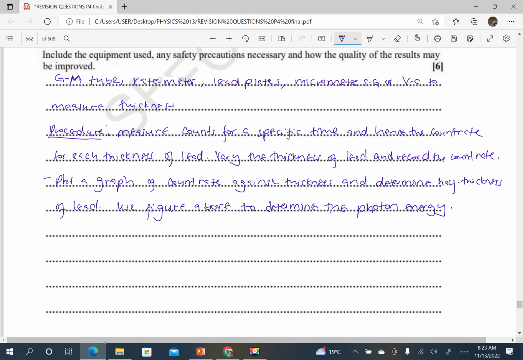From the graph, remember we have determined the half thickness of lead, and from the figure above we have determined the photon energy.